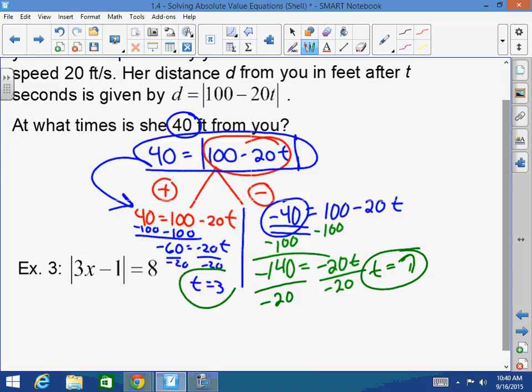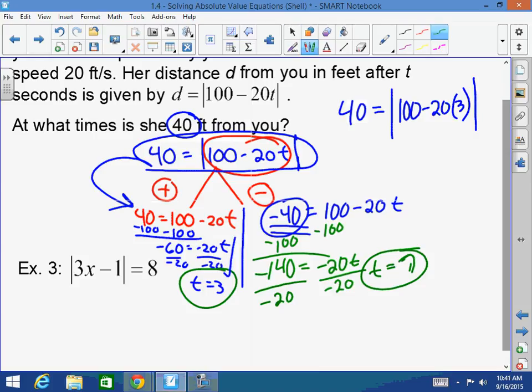Two answers. Do they work? I don't know. Let's see. Say 100 minus 20 times 3. Okay, 20 times 3 is 60. What's 100 minus 60? What's the absolute value of 40? 40 equals 40? It works.